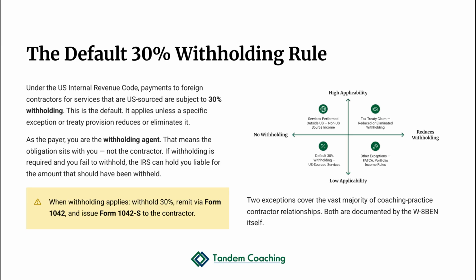You withhold 30% at payment, remit through Form 1042, and issue Form 1042-S to the contractor at year end. The mechanics are real, and the penalties for failing to withhold when withholding was required are real. The exceptions for typical coaching arrangements are also real, and they are what eliminates the withholding obligation in almost every case a coaching practice will see.